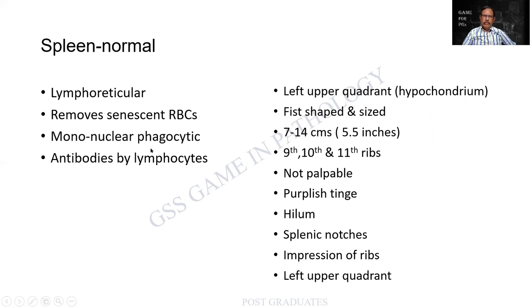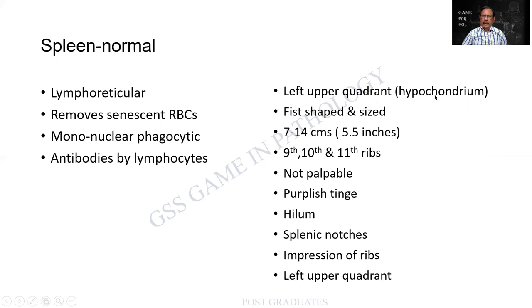It is also a fundamental mononuclear phagocytic system, as a result of which phagocytosis is one of the most important activities. Last but not the least, you find that antibodies are being produced by the lymphocytes. Lymphocytes will ultimately become the plasma cells that produce the antibodies. So please do have this in one corner of your mind.